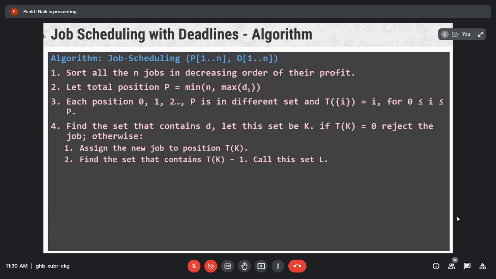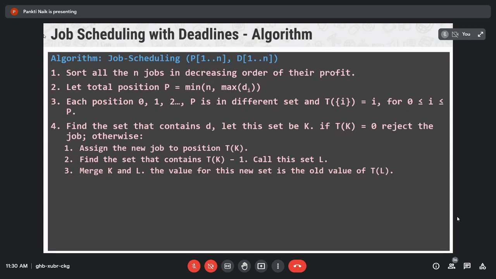And if that position Tk is already allocated to some job, then find the set that contains Tk minus 1 and call this set L, and merge K and L, where the value for this new set is the old value for TL. It means if position Tk is already allocated to some job, then find the Tk minus 1 position.